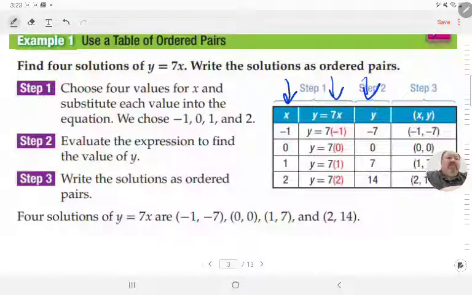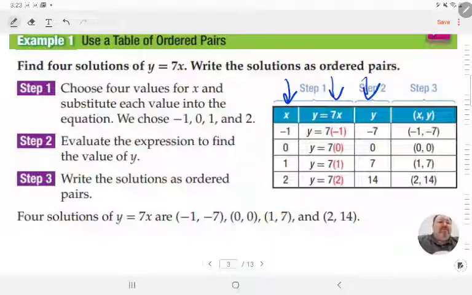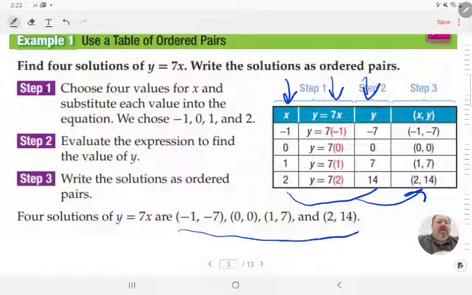So y equals 7 times negative 1 is negative 7. y equals 7 times 0 is 0, and so forth. Then we rewrite those x's and y's, and we bring them over and we write them into coordinate pairs. And so the four solutions would be (-1, -7), (0, 0), (1, 7), and (2, 14).